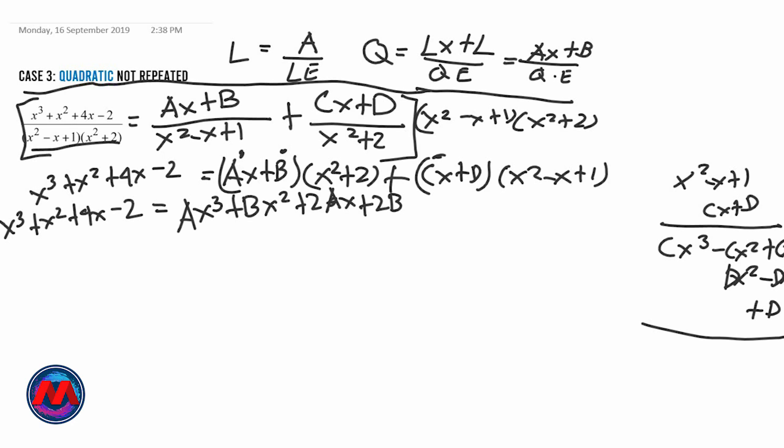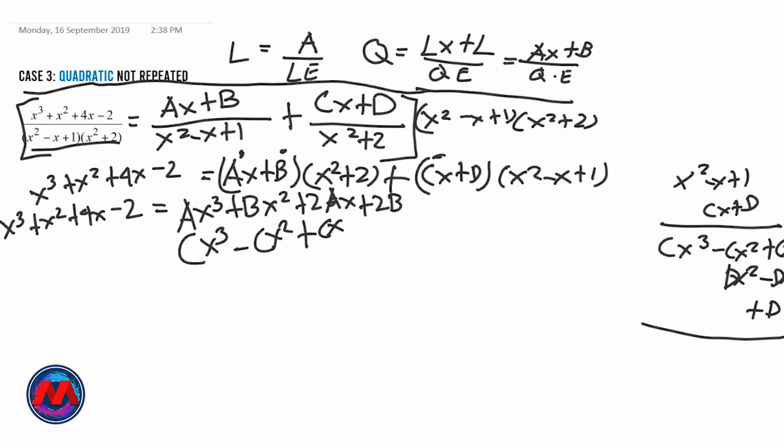So, sa akin, mas maganda na i-align na lang natin yung mga terms with the same degree. Kasi mamaya, magagamit natin yan para mas mabilis nating mahanap yung mga equations na hinahanap natin. Kaya, isusulat na lang natin cx cubed, tapos yung raised to 2 dito naman, that's negative cx squared, tapos cx, dito siya, kasi degree niya.